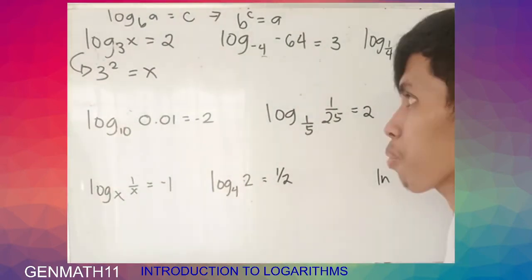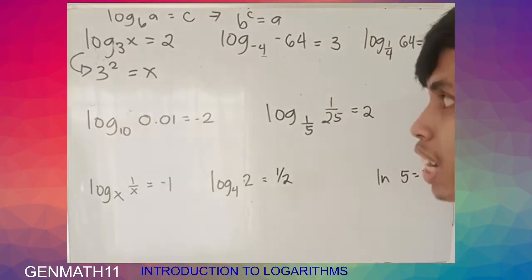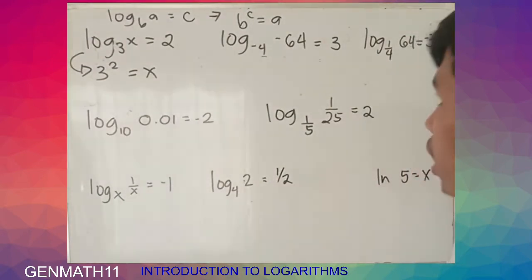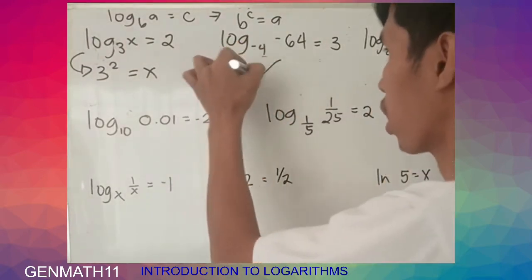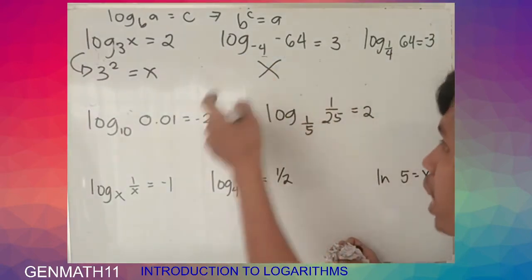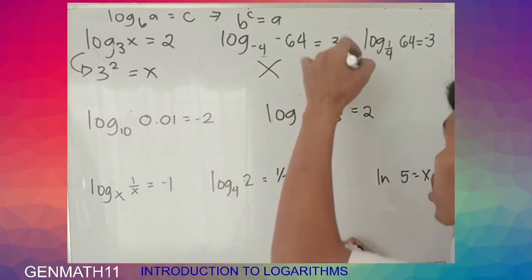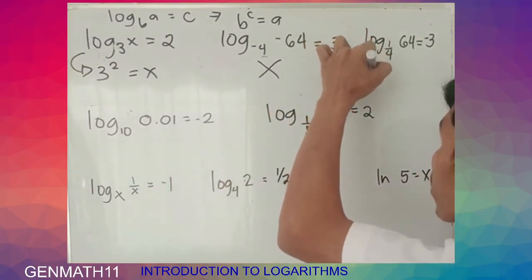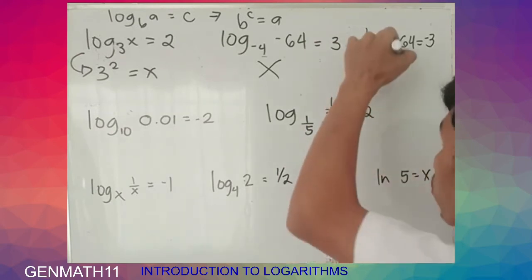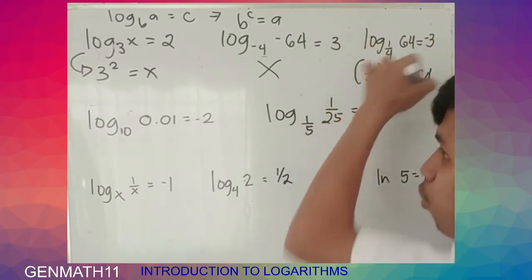So, since yung ating value ng b is a negative number, bawal siya maging negative. So, ibig sabihin, wala siyang exponential form. Next, or can be rewritten into exponential form. Next, ang base natin is 1/4, then ang exponent niya ay negative 3, then it is 64.